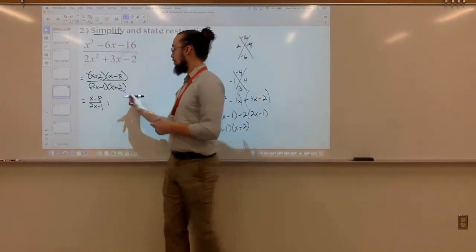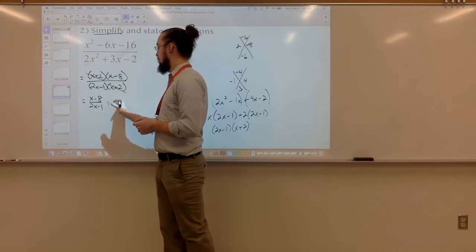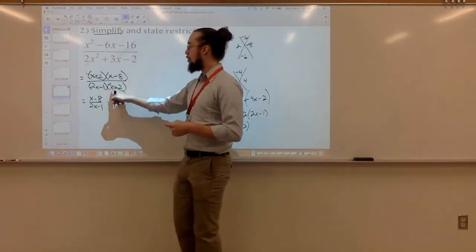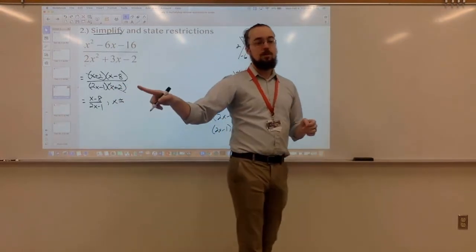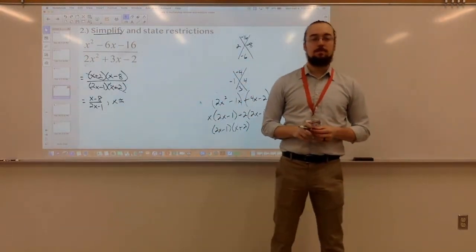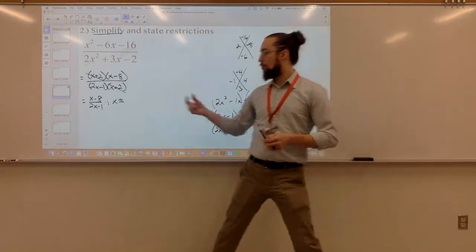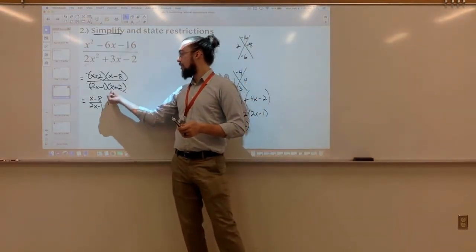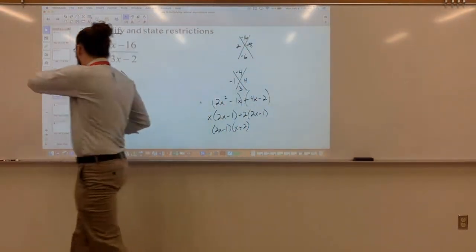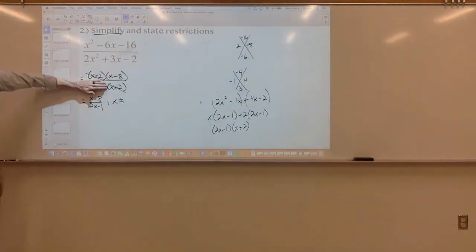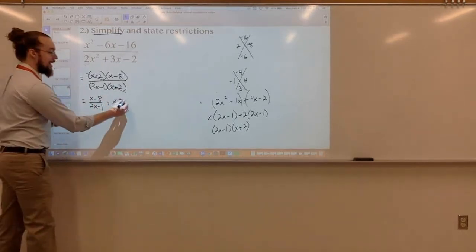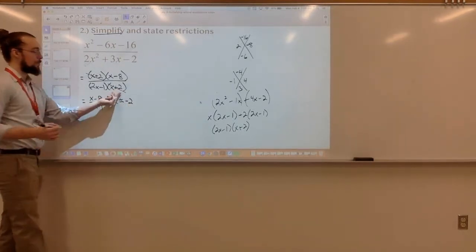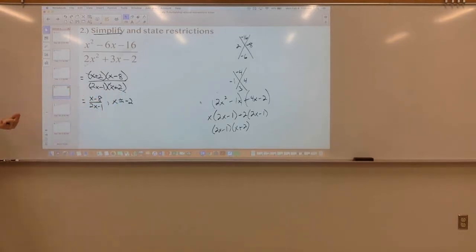This one hopefully is obvious. What plus 2 would be 0? -2 plus 2 would be 0. So we can say x cannot equal -2 because that would make this equal to 0.